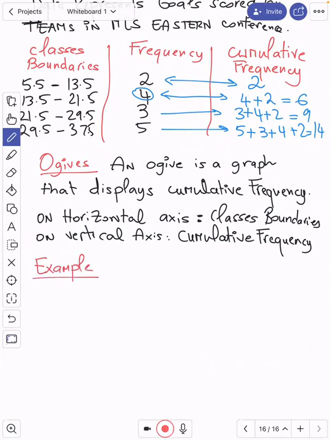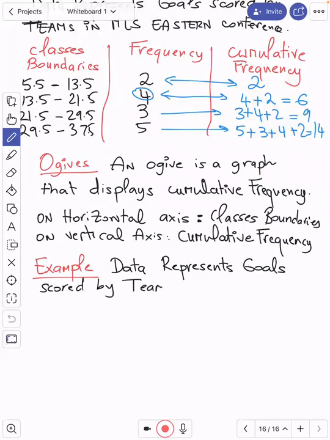All right, so I'm gonna use the previous example, the goals scored by teams in the MLS. So again, the data represents the goals scored by teams in the MLS Eastern Conference. Probably you can see the class boundaries and the cumulative frequency, right?